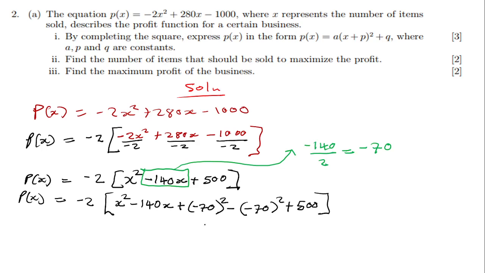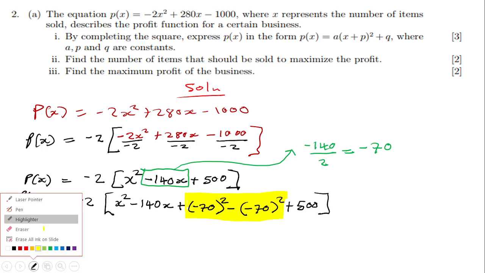That 70 you had here, you add it and subtract it. I'm repeating myself: you add, then subtract, and not the other way round. So after you reach this particular point, what are you supposed to do?